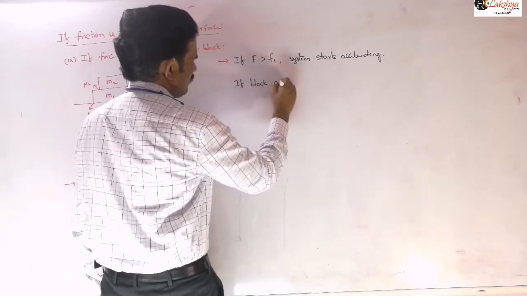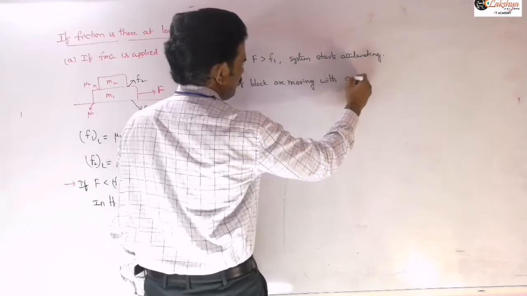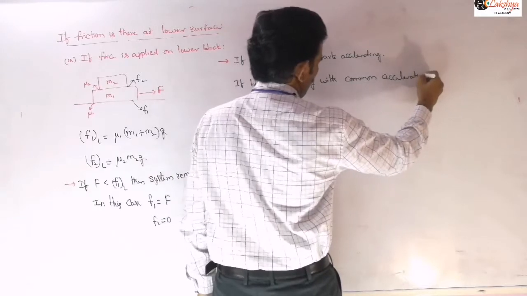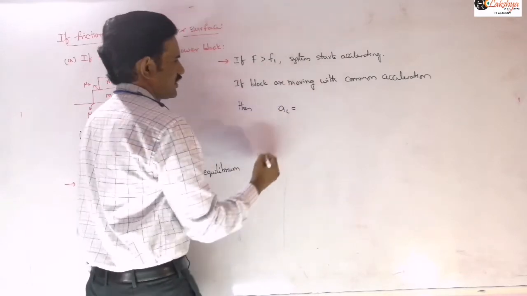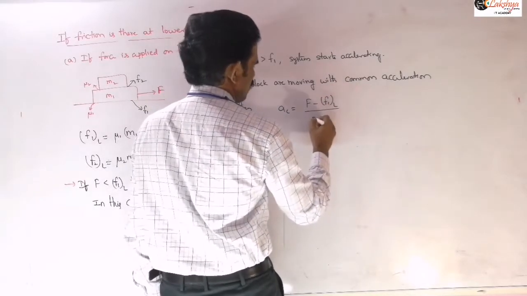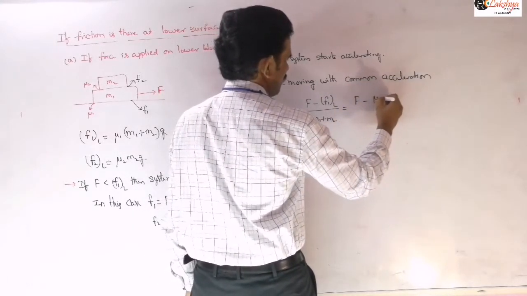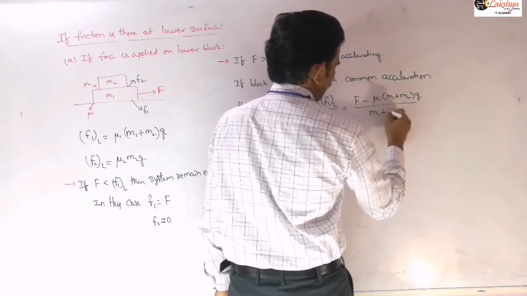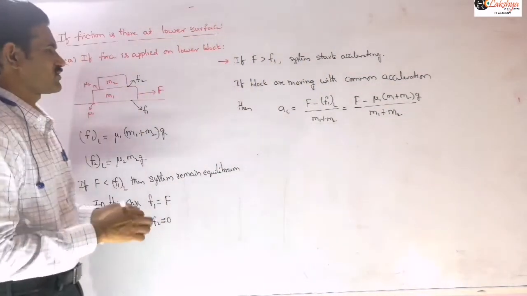If the blocks are moving with common acceleration, then this common acceleration we can write as F minus F1 limiting by the total mass m1 plus m2, which is nothing but F minus mu1 into m1 plus m2 into g, by m1 plus m2, right? I am writing the total mass in motion, that means net force by total mass in motion.